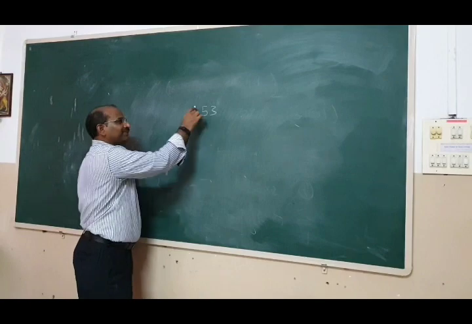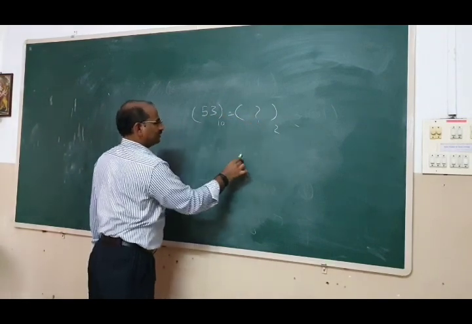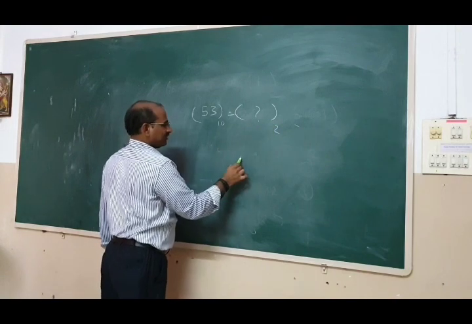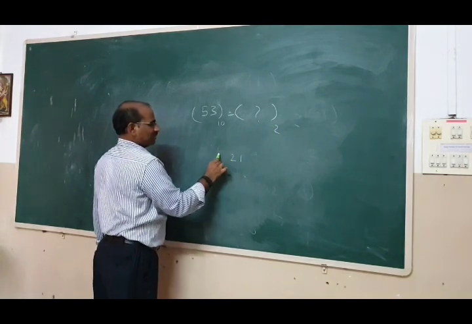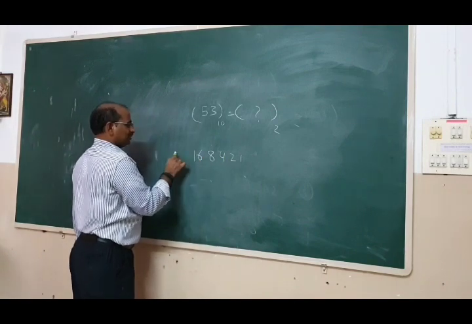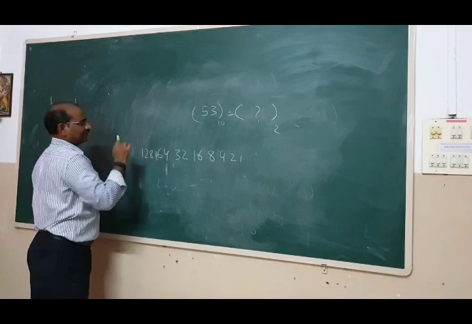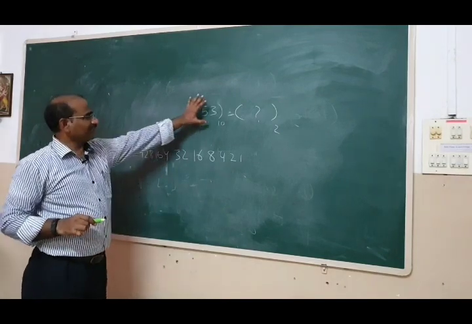How to write 53 as a binary number? For that, you write the binary place values here: 2 power 0, 2 power 1, 2 power 2, 2 power 3, 2 power 4, something like that. Now, take the value 53.